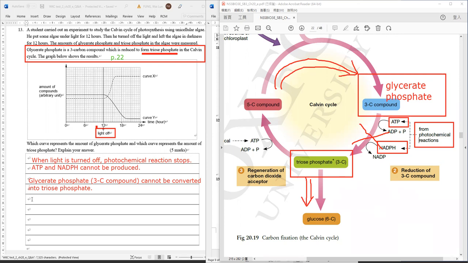Right, you need to write it down. The 5C compound is constantly being converted into glycerate phosphate, so you have more and more glycerate phosphate.